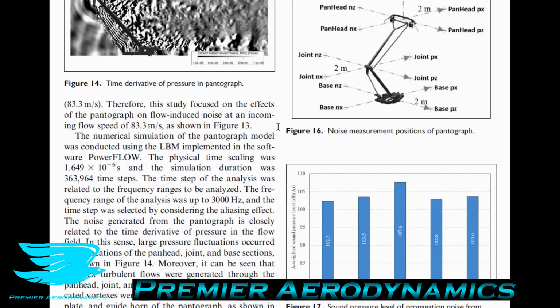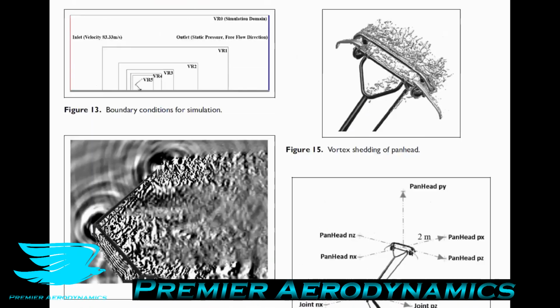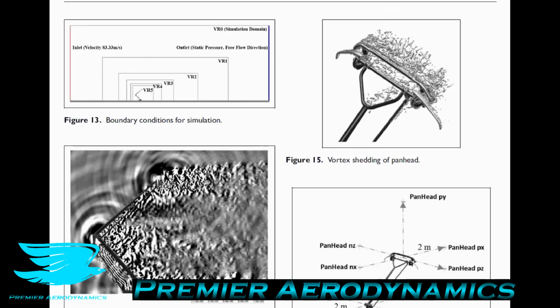So what is the aliasing effect? This is something that comes into play with aeroacoustics, but also sampling in general, digital sampling. So with acoustics, for example, let's say you have a frequency of 100 hertz. That means every 100th of a second, you have an entire wave being completed for this frequency.